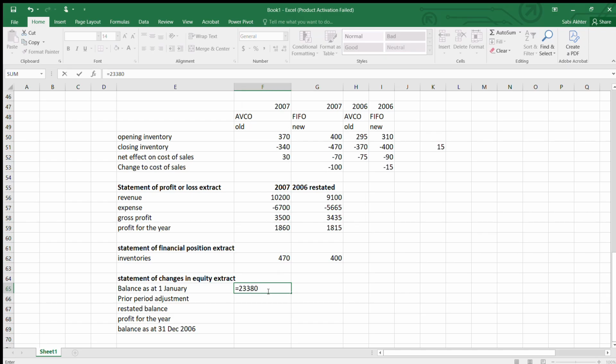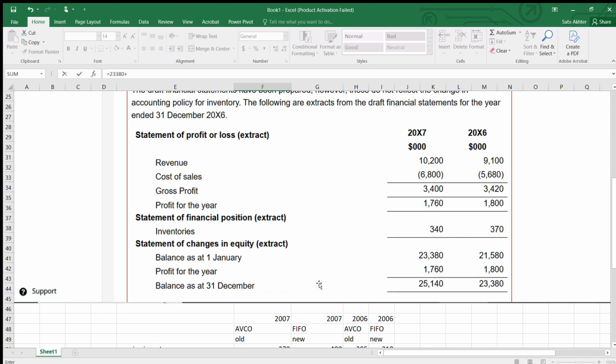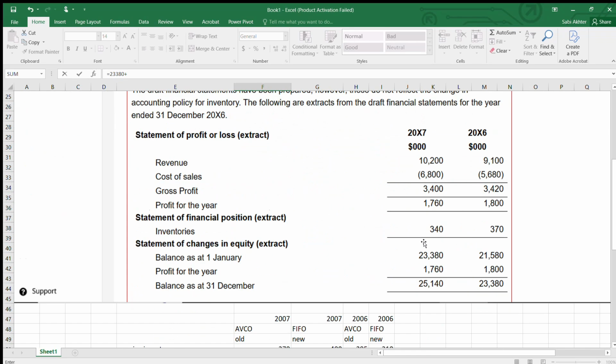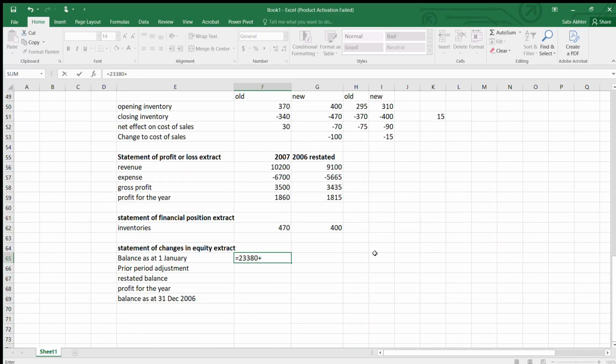With that, you will add another 30. As you can see the difference here, 370 minus 400 is 30,000. Sorry, it's not 30,000, it's 30. You just have to add 30.